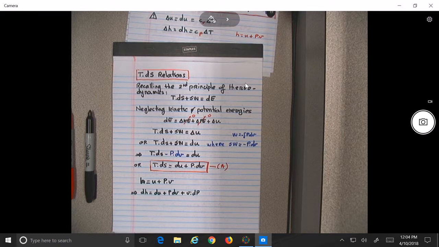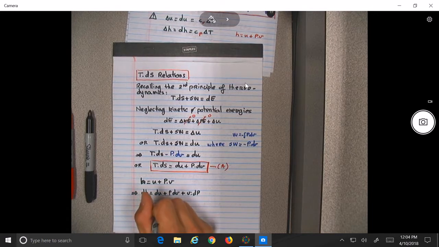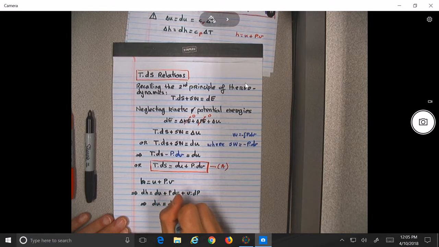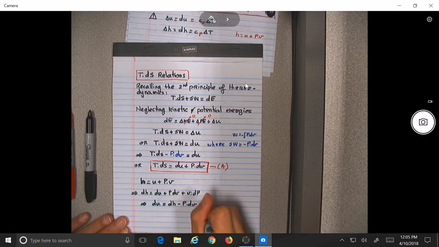Okay? So if I take this equation here, we have dU will be equal to what? Will be equal to dH minus PdV minus VdP.